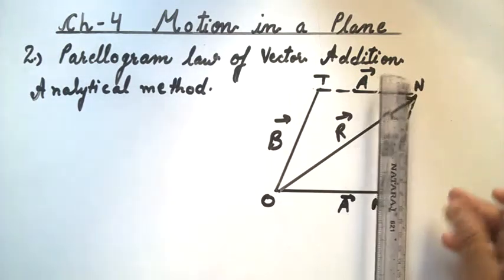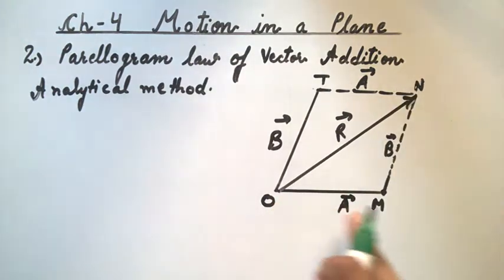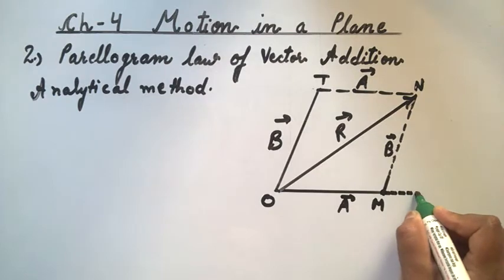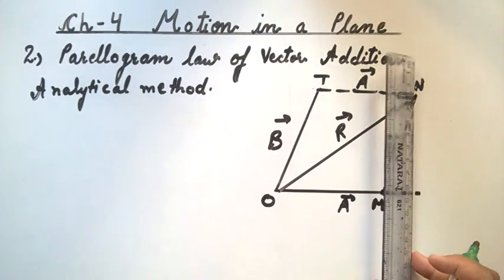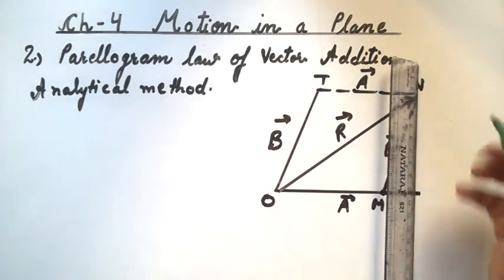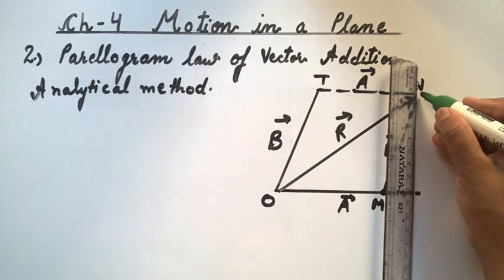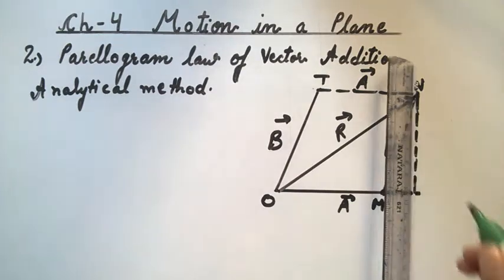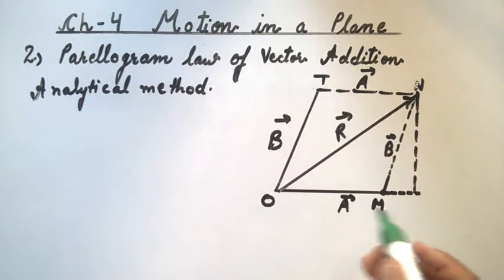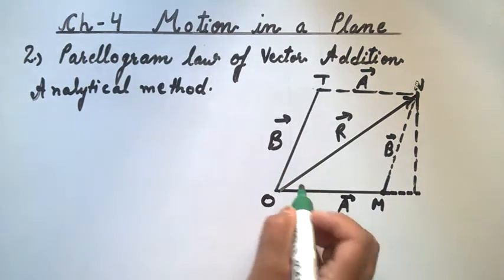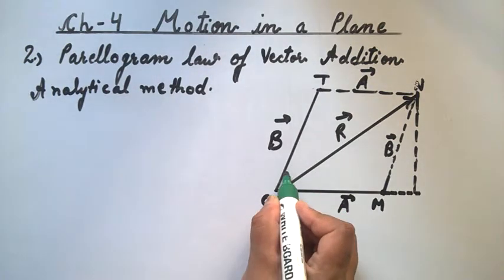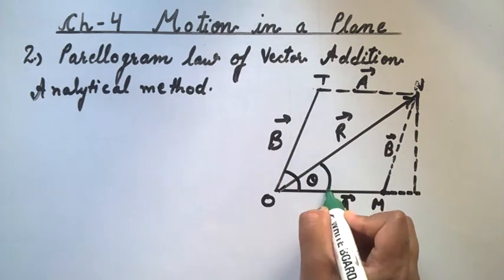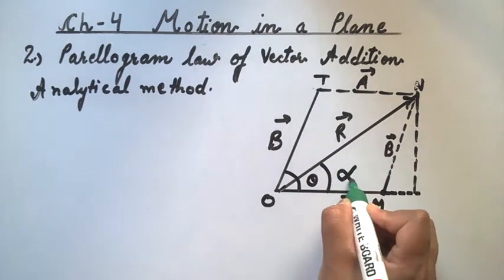Now draw a perpendicular on base OM and extend this to some further distance. Drop a perpendicular on it from N. This is a right angle. Now A and B are inclined at an angle theta. R is making an angle alpha with A vector.